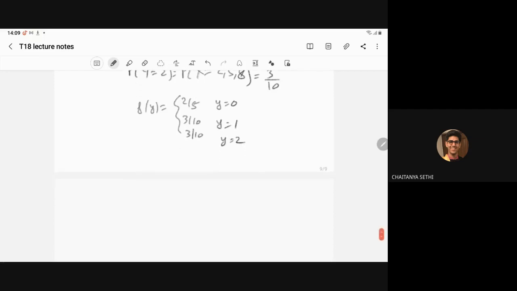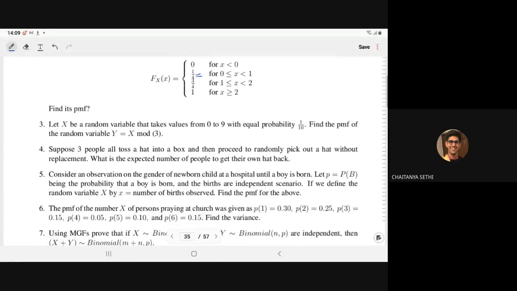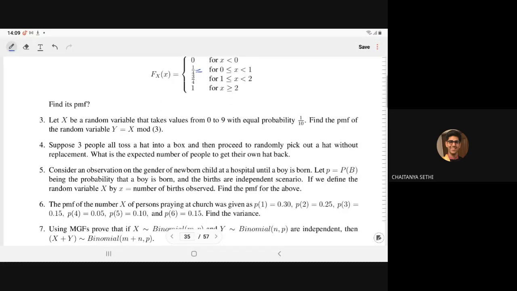So this is the PMF for the y which is equal to x modulo 3. So that is what they have asked in question number 3. Clear? Or any doubt in understanding how to write the PMF, how to write the CDF? Any doubt? No, sir.